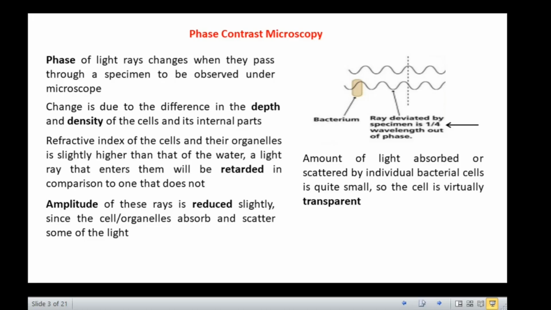Unfortunately, our eyes as well as camera film are unable to detect these phase differences. The result is that the image at the eyepiece level is so lacking in contrast as to make the details almost invisible, as you can see in this image on your screen.